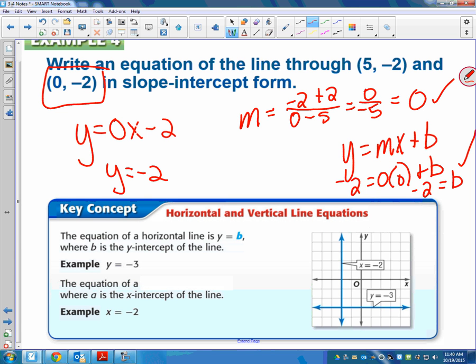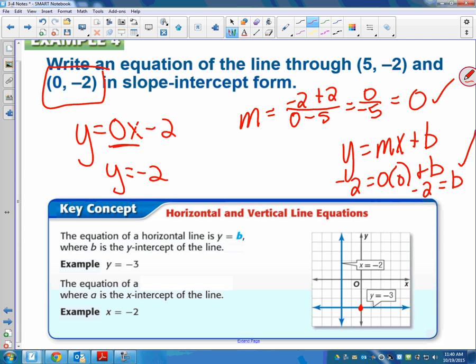It means there's no x in that problem, because it's 0x. It's just the y-intercept. So the line y equals -3 would have a y-intercept of -3. You don't rise any, right? A slope of 0, which means you just go straight across.